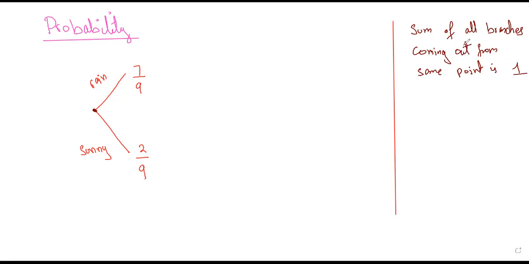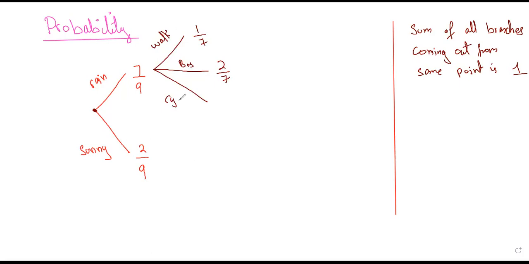Okay, now if the day is rainy, he can go by walk, he can go by cycling, he can go by bus. But let's see the probability. Obviously, if the day is rainy, by walk it would be 1/7. By bus it is 2/7. And I would want you guys to answer this.